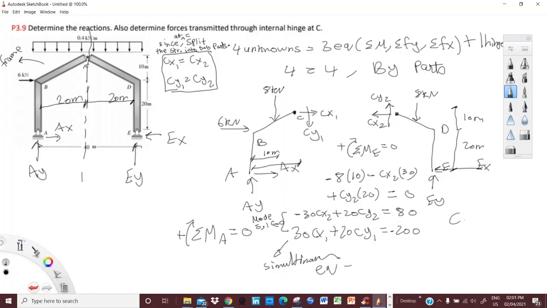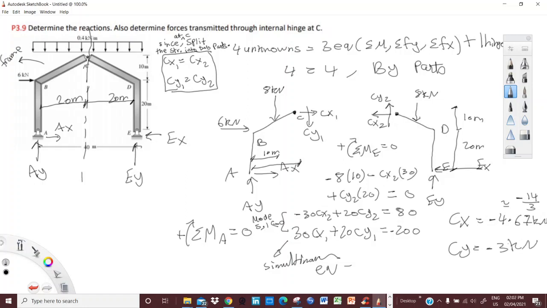So we'll find out Cx is equal to negative 4.67, which is corresponding to negative 14 over 3 kilonewton. And you have here Cy, which is equal to negative 3 kilonewton.